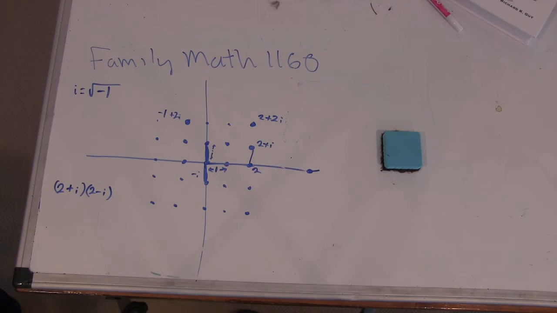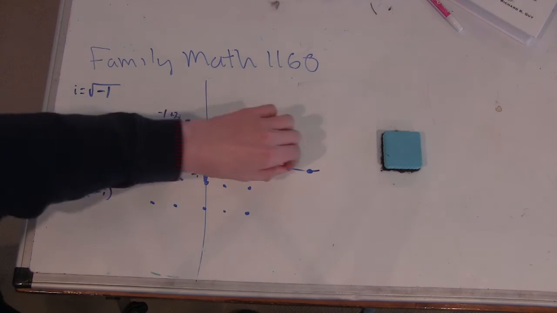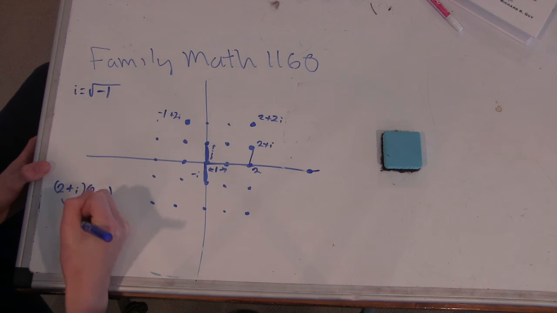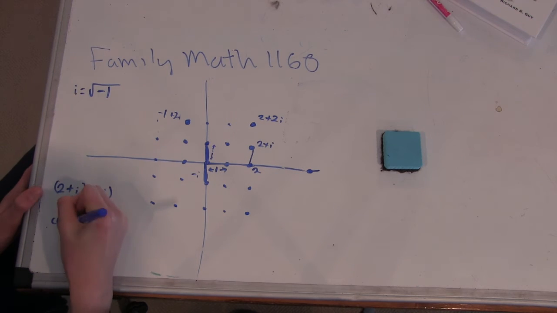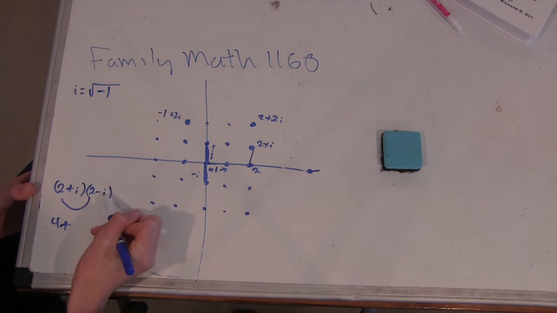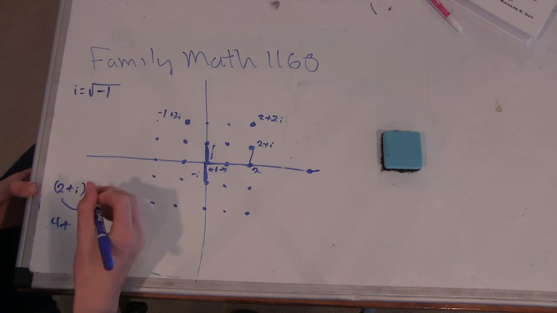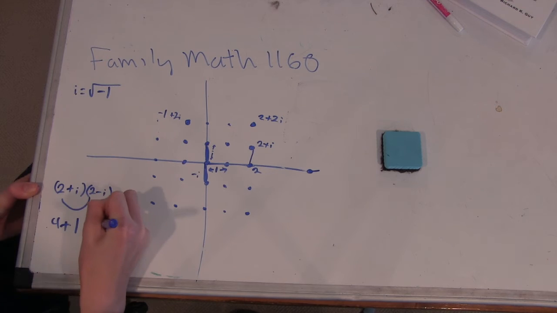Okay. And so you'd only be left with real number terms, and then you get 4 plus an i times minus i. Minus i squared, so minus minus 1 plus 1 equals 5.